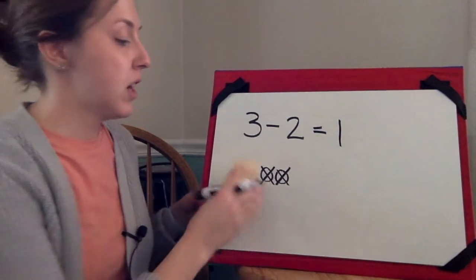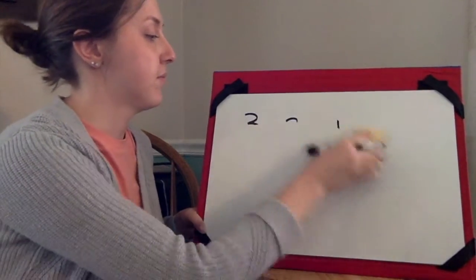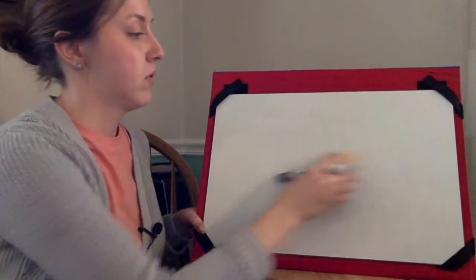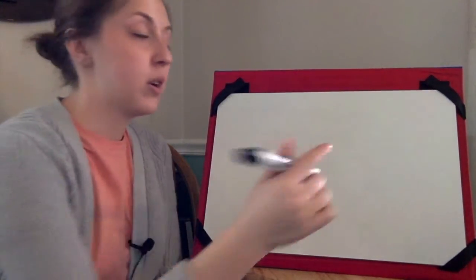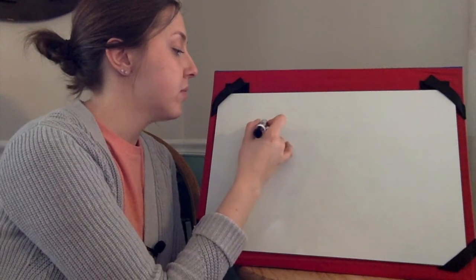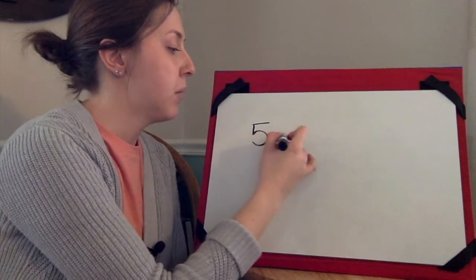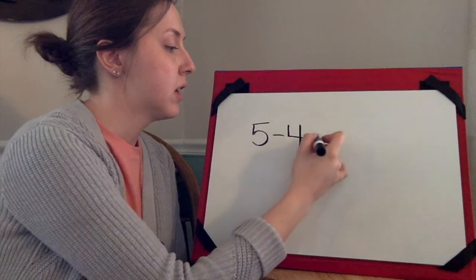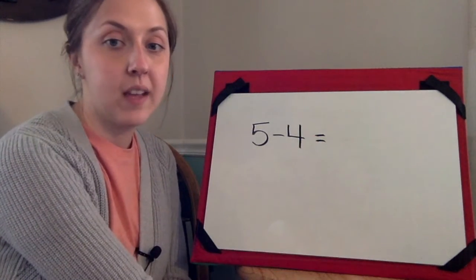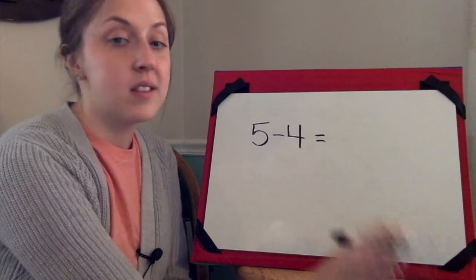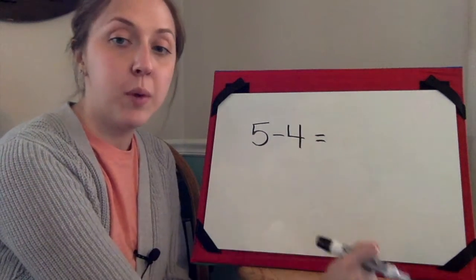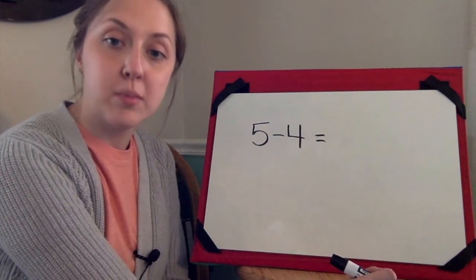Okay, let's try another one. My problem is going to be 5 minus 4 equals. Now, again, this is subtraction, so I'm going to take away, and my answer is going to be smaller.